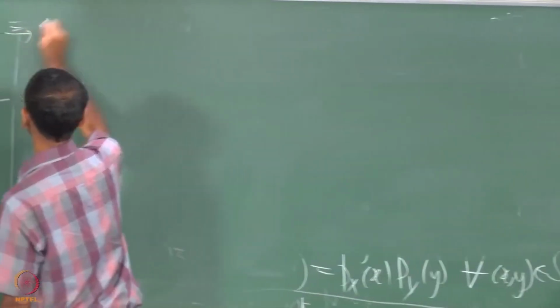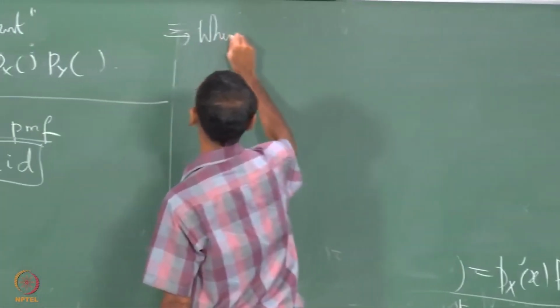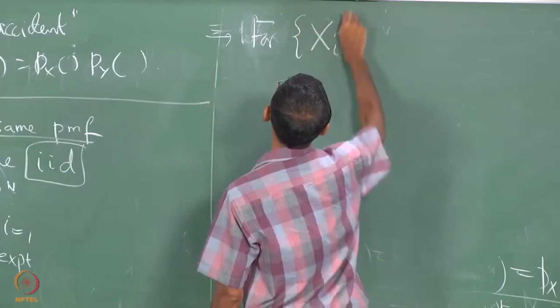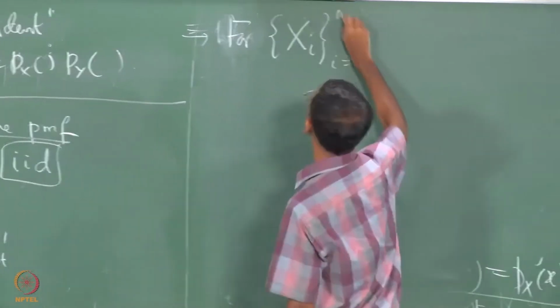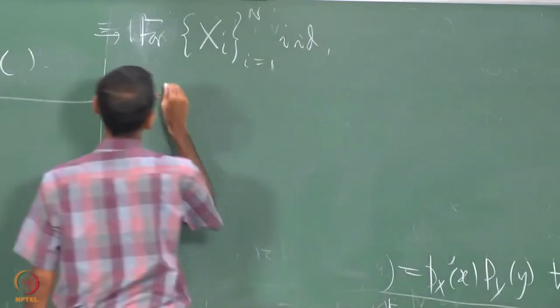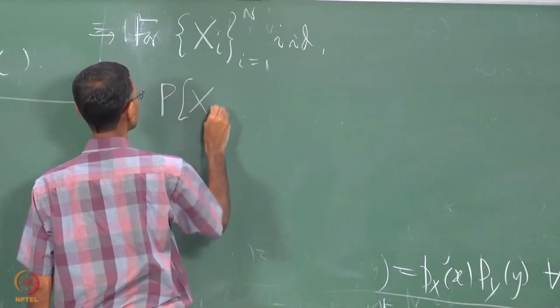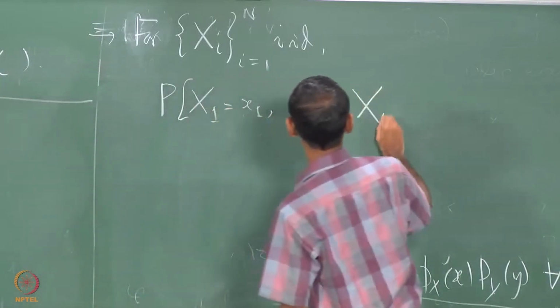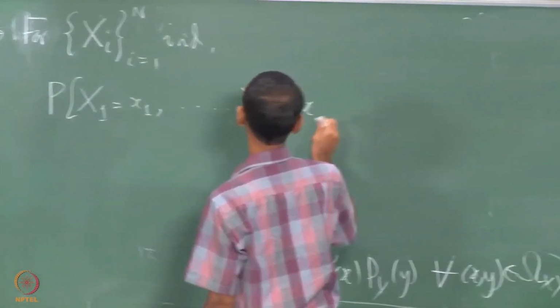For the IID case, this probability, let me write it like this, x1 is some small x1, dot dot dot, this is a joint probability.